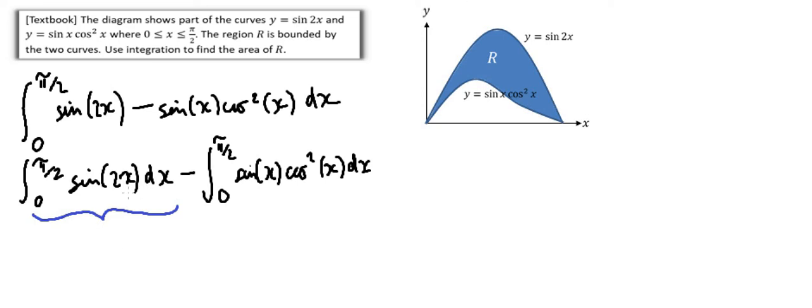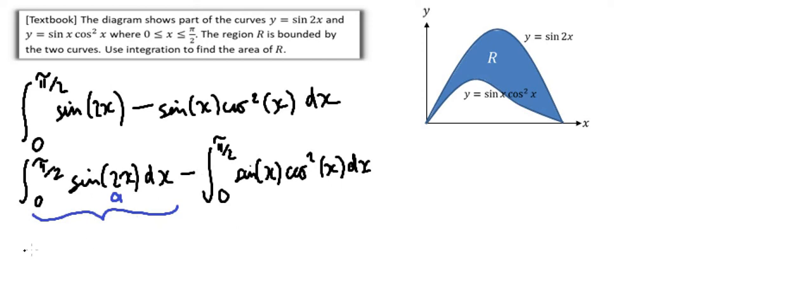So we know that sine 2x, okay, this is our ax. So we've got a coefficient there, and if we integrate with a coefficient, we have to divide by that coefficient, whereas with differentiation we multiply.